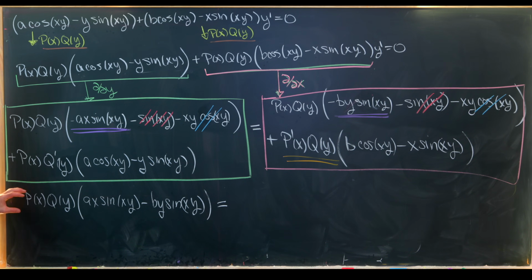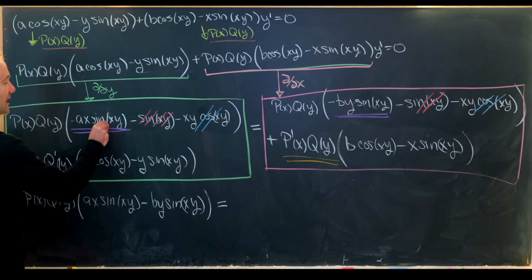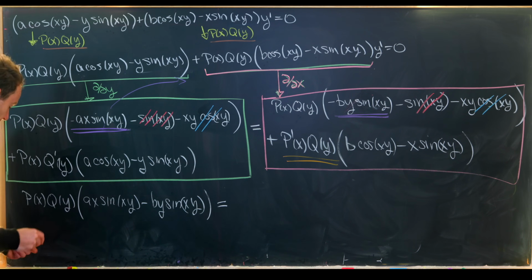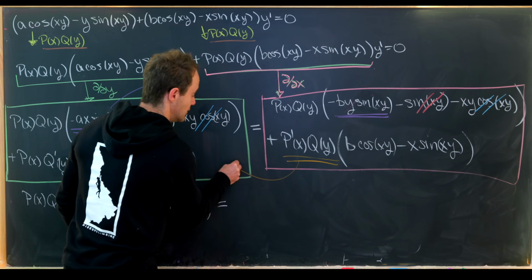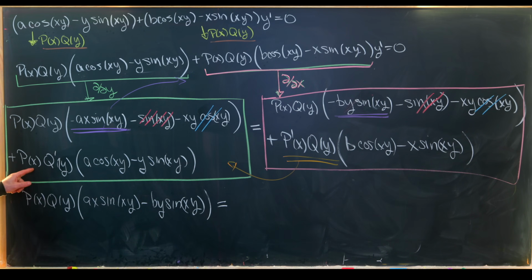Because if you recall, we're kind of trying to get this p times q by itself, and that's a p prime times q. Okay, nice. So this p times q prime is already okay. It's on the correct side of the equation, keeping in mind that we moved that over, and we will eventually move this over. So we can leave this as is.